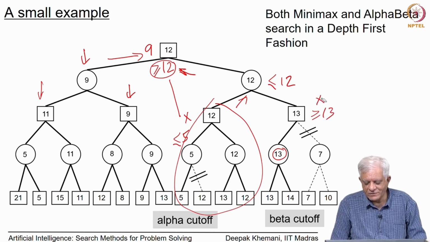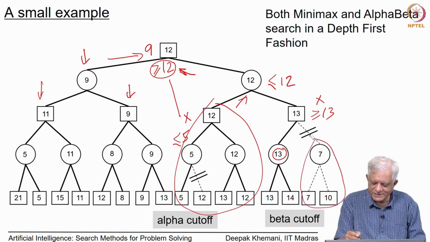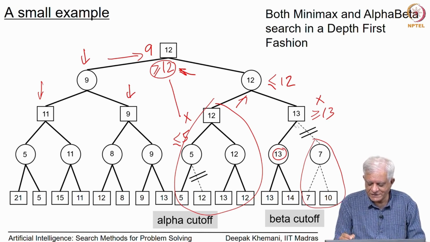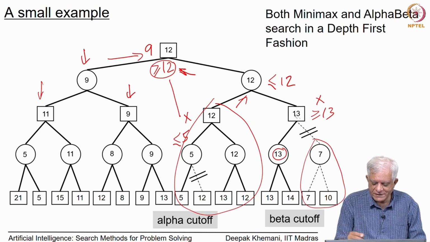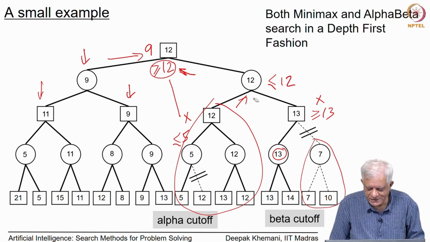I am looking for a value less than or equal to 12, and you are giving something which is 13 or more. So, no point in progressing further. Observe that the subtree below that actually has a value which is 7, but this 7 is not going to influence this beta node, because max is sitting in between, and between 7 and 13 max will choose 13, and therefore, between 13 and 12 min has already chosen 12 and says that I am not interested in a value greater than that.